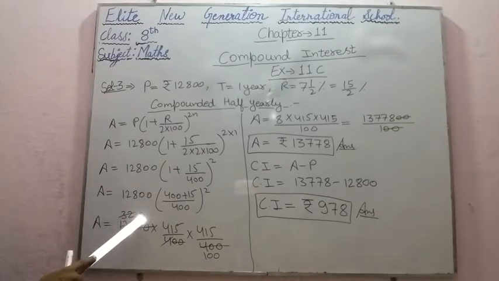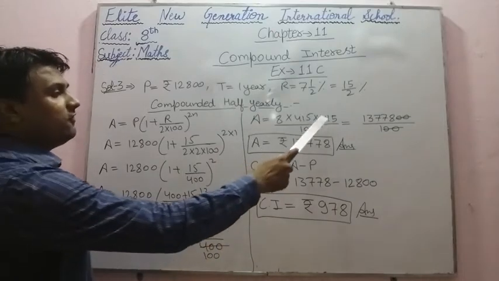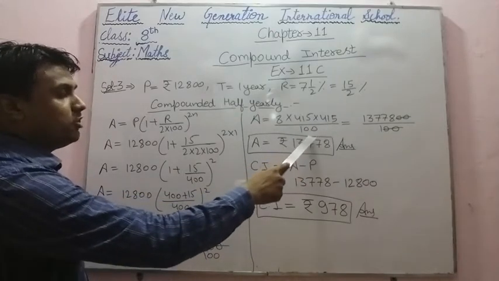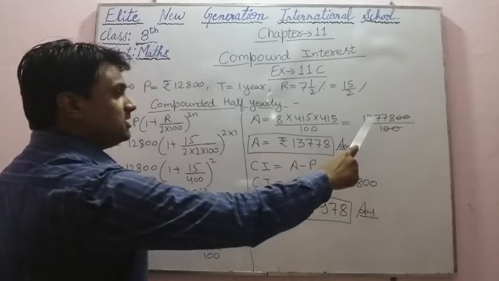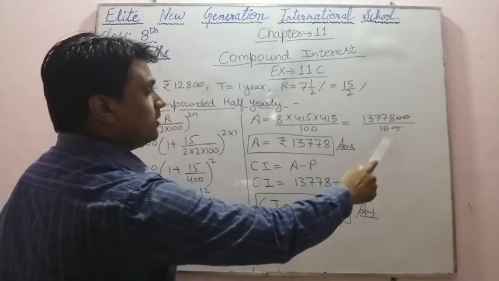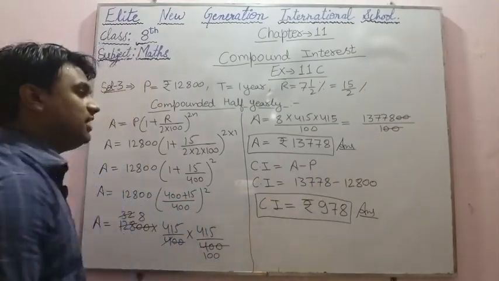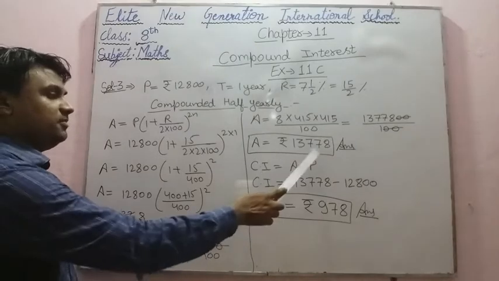So 32 will be cancelled 8 times and 400 will cancel 100 times. Now amount equals 8 into 415 into 415 upon 100. By multiplying all these, it will be 1377800. Now dividing it by 100, it will be 13,778. So this will be the amount.